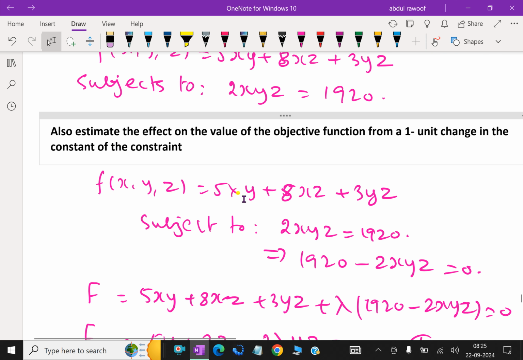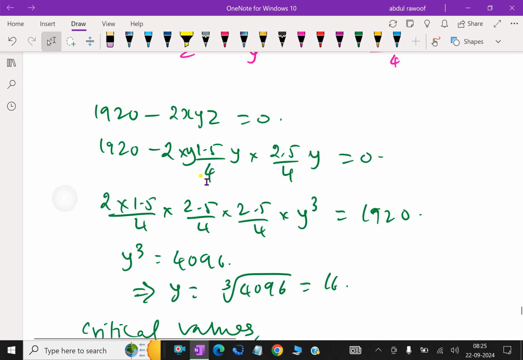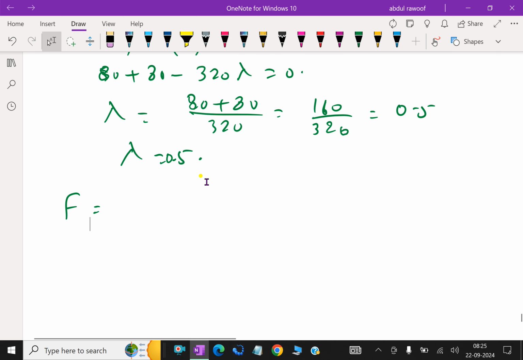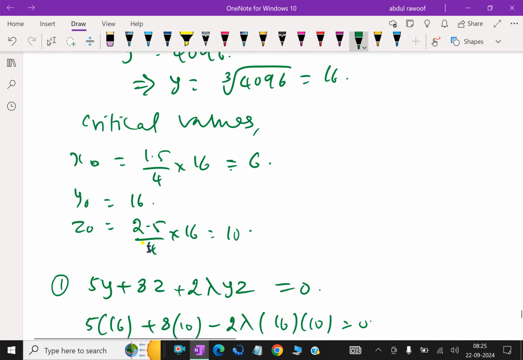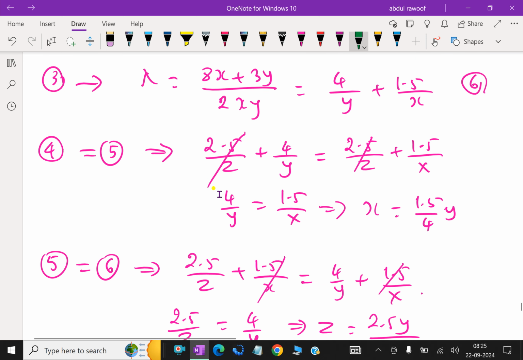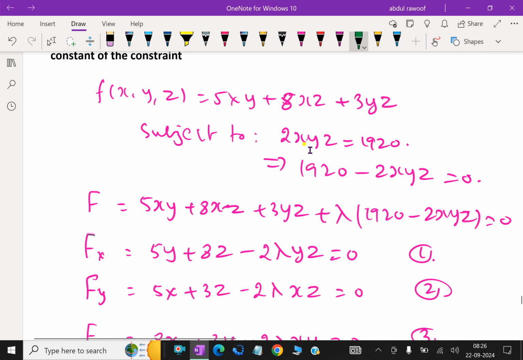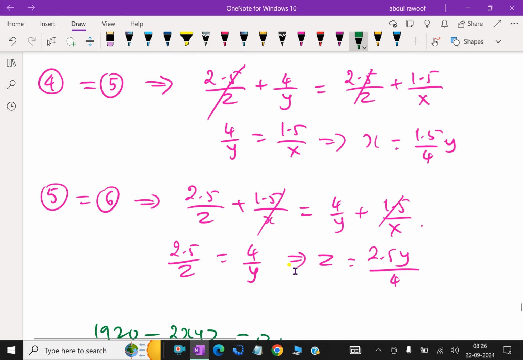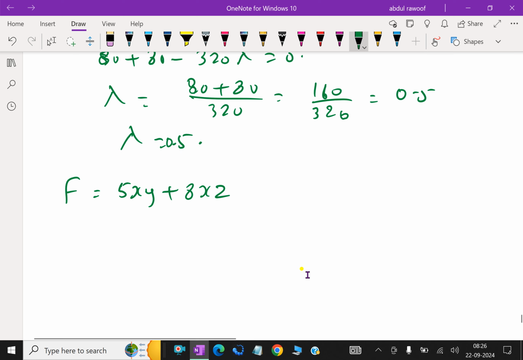It is 5xy plus 8xz plus 3yz. So we have to substitute the values.